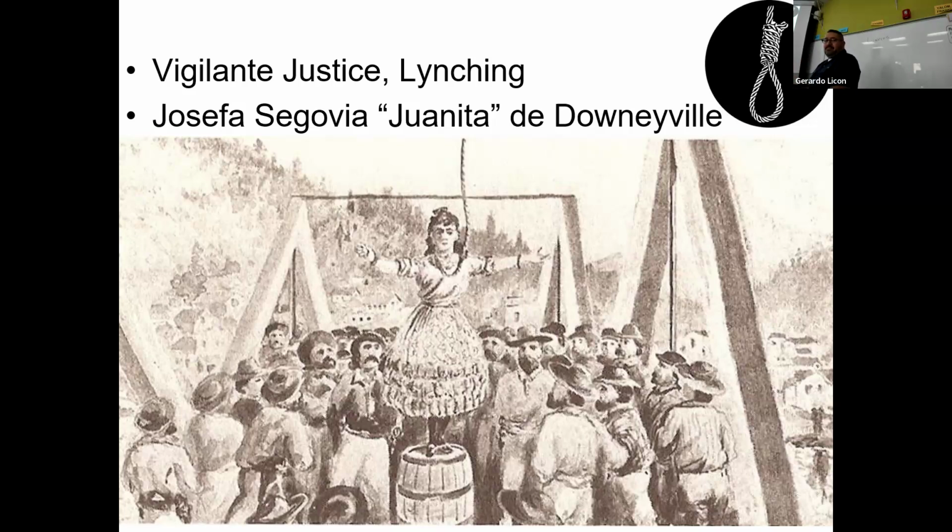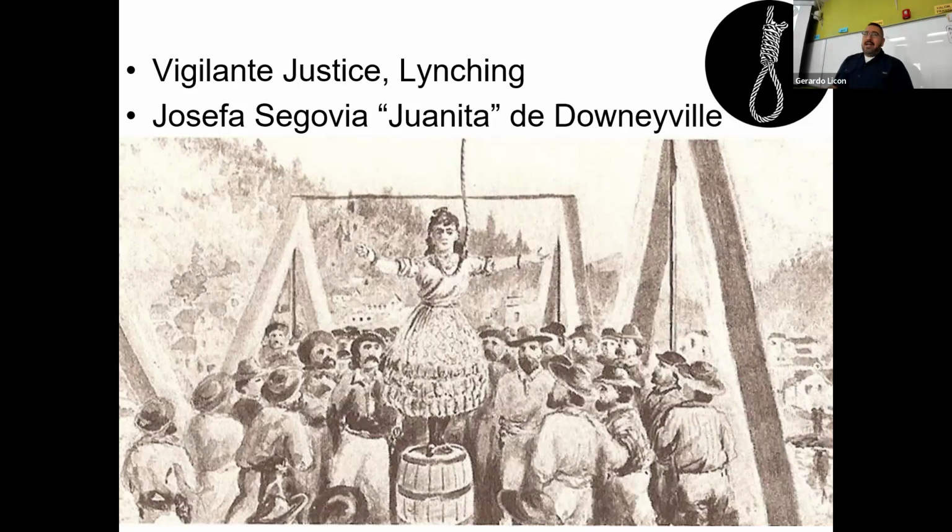But lynching was particularly public, where a vigilante group would arrest someone, accuse them of a crime, have a kangaroo court, pretend court, and then publicly lynch them, and there would be an audience of the public there to watch this.